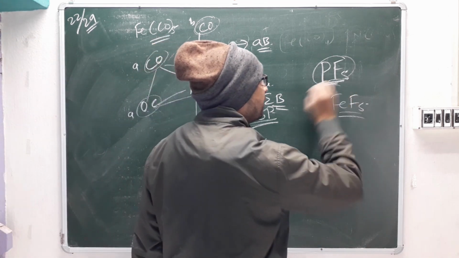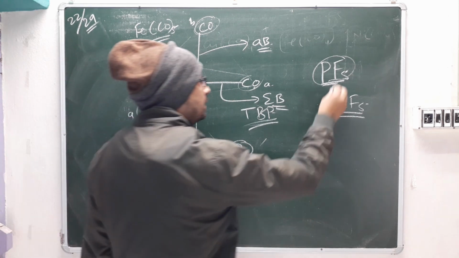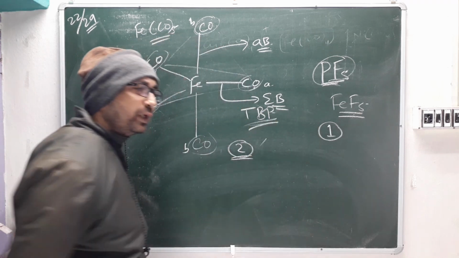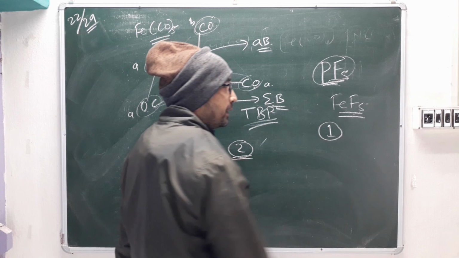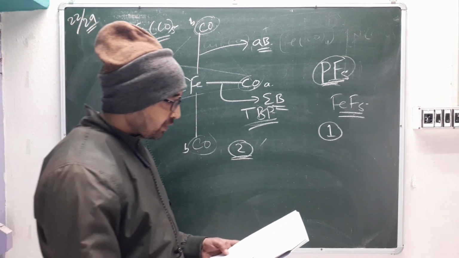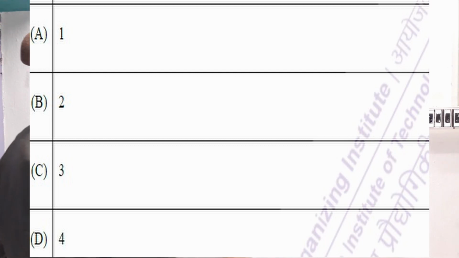Suppose they are asking PF5 or FeF5, then only one stretching frequency will be there. So in this question, which option will be correct? Option B will be your correct answer.